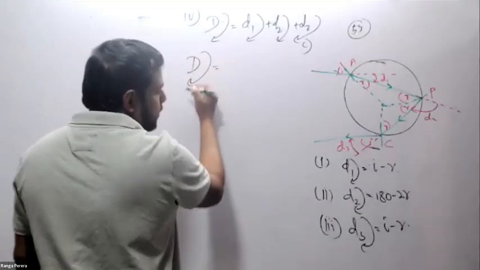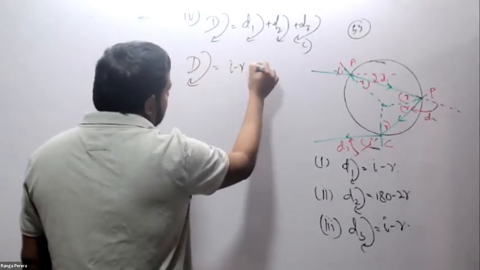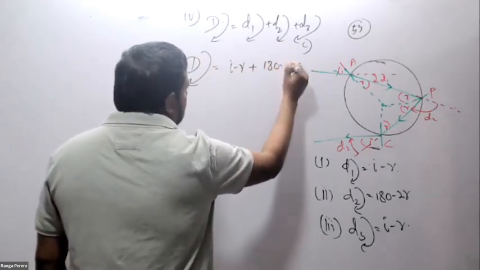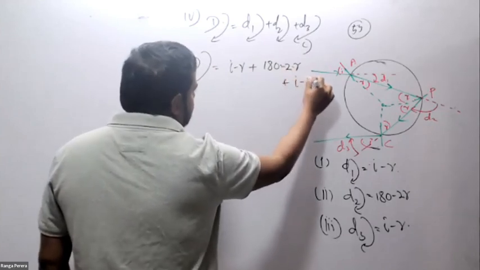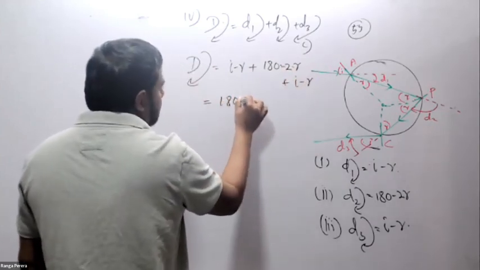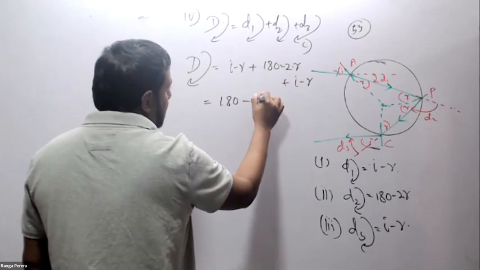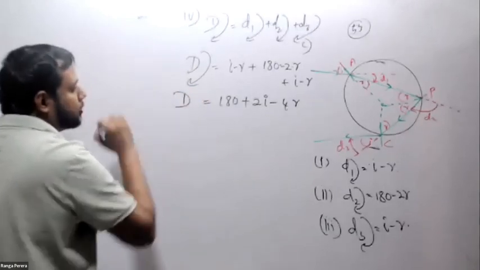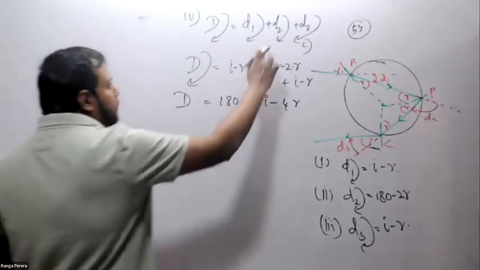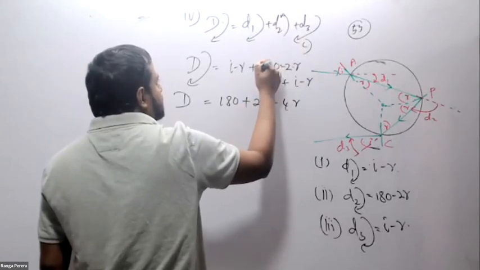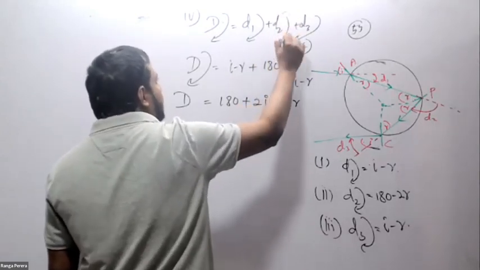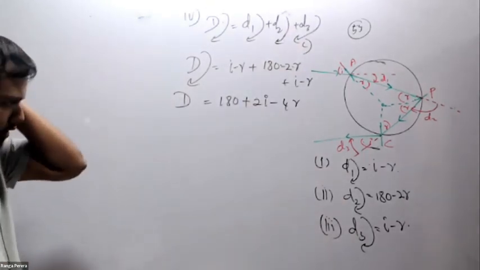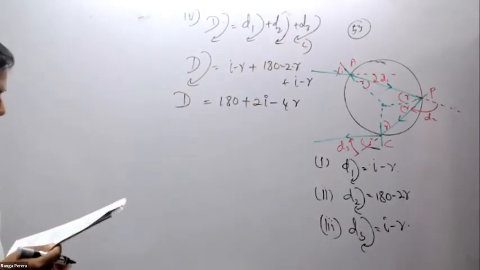Capital D equals I minus R plus 180 minus 2R plus I minus R, that is 180 plus 2I minus 4R. D equals that value. If that is in the opposite way, I should take minus here. Remember those things. In a day, they would ask like that. Number D.